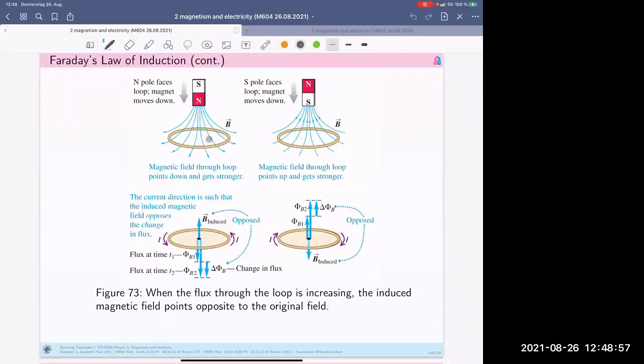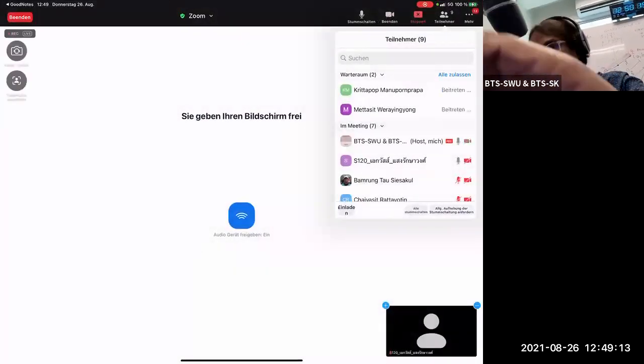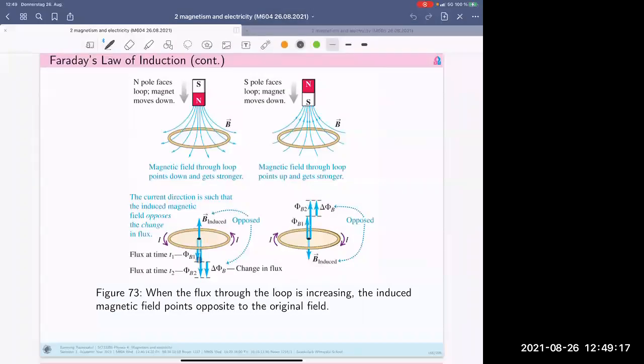you would find that there will be a magnetic flux difference. Before that, the conductor realizes only a little amount of the magnetic flux, which is Φ_B1 at t1.